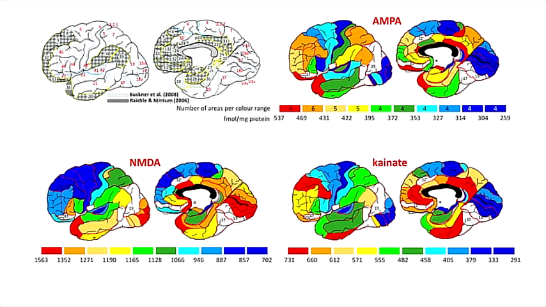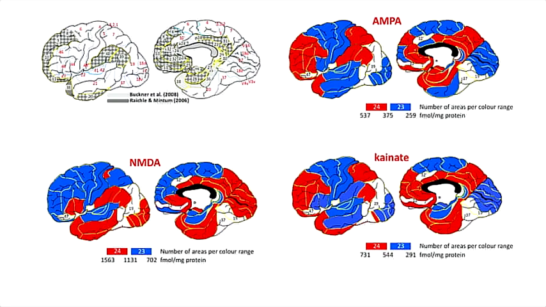Therefore, I have simplified this and mapped only high receptor densities in red and low receptor densities in blue.